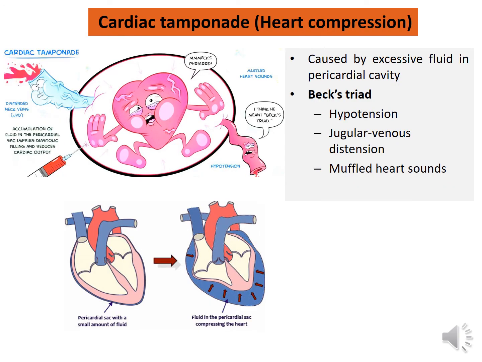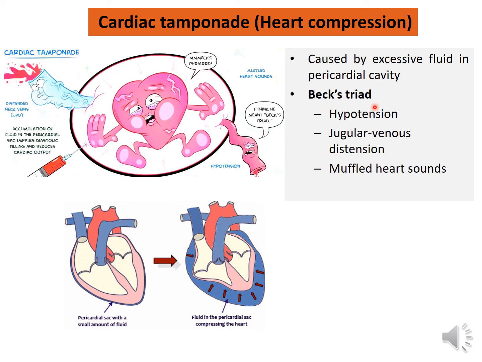Cardiac tamponade, which is heart compression. This heart compression is usually caused by excessive fluid in the pericardial cavity. This excessive fluid will not allow the actual movements of the heart, so the pumping capacity of the heart will be reduced.